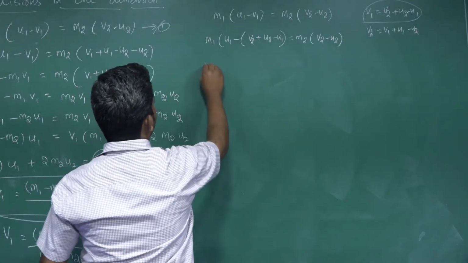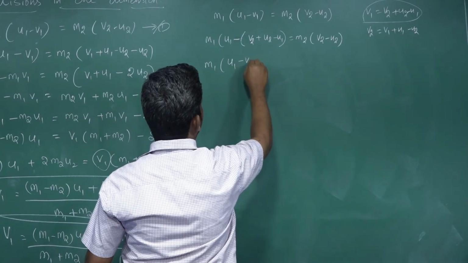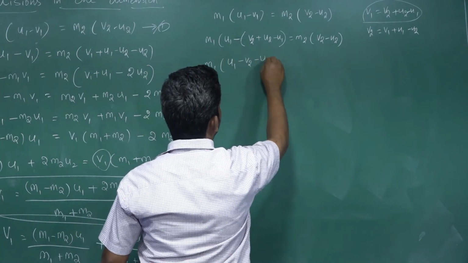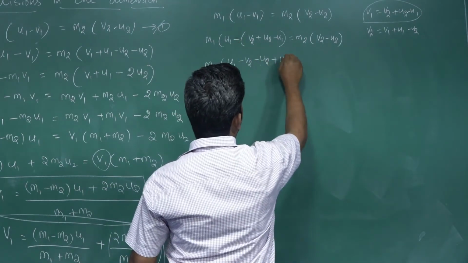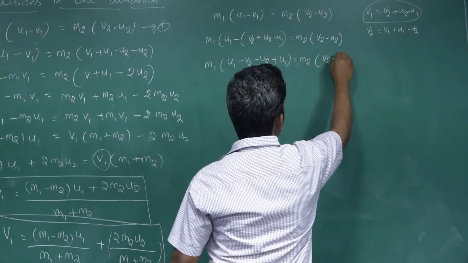So next, m1 of (u1 minus v2, negative into positive, so negative u2, negative into negative, so positive u1) is equal to m2 of (v2 minus u2).